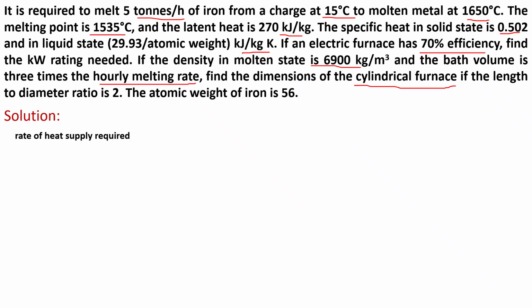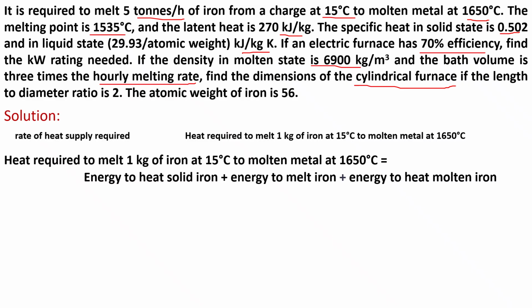Let's see the solution. So here I have to determine the rate of heat supplied. Before that, first we have to determine the heat required to melt 1 kg of iron at 15 degrees Celsius to molten metal at 1650 degrees Celsius.